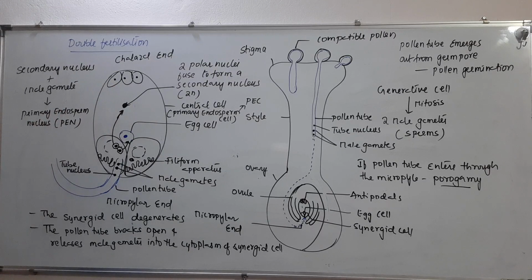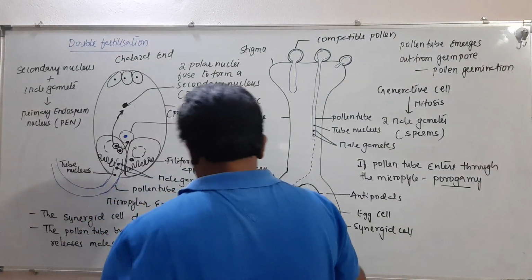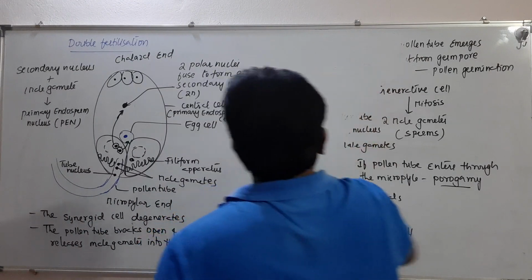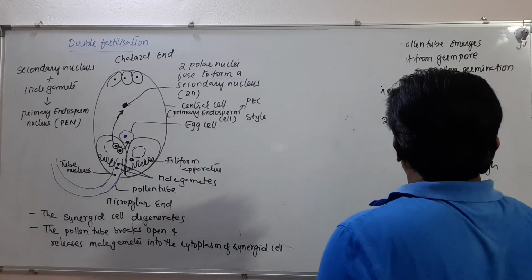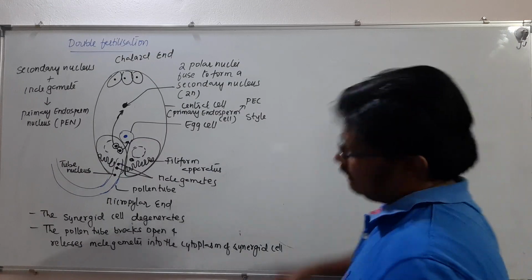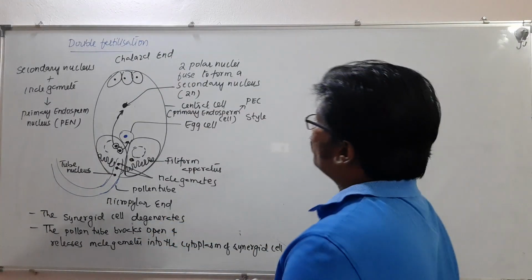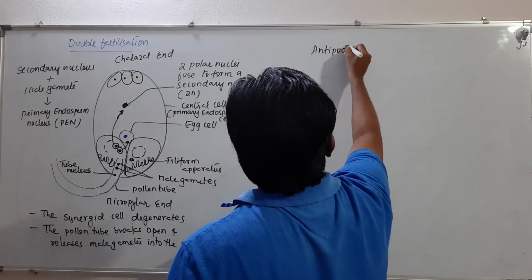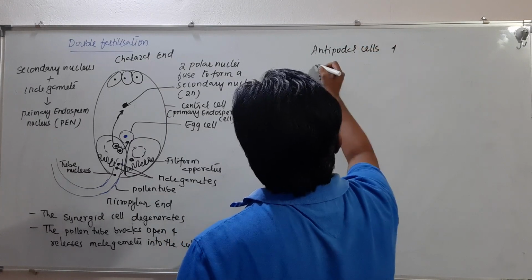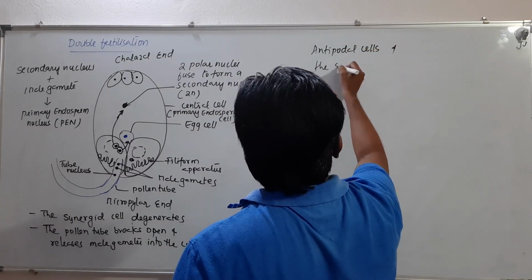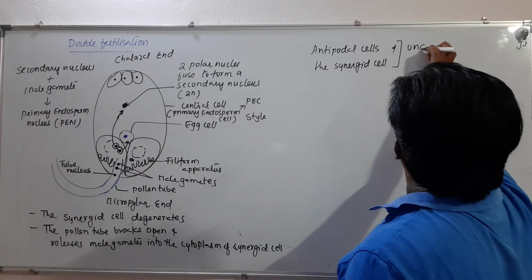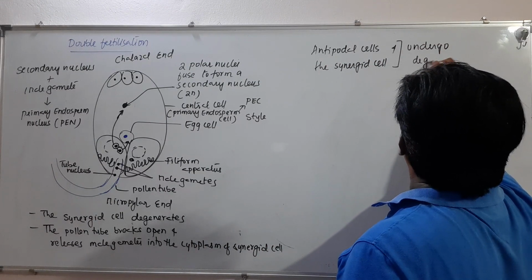Once the triple fusion and syngamy are finished, the other synergid cell and the antipodal cells undergo degeneration.